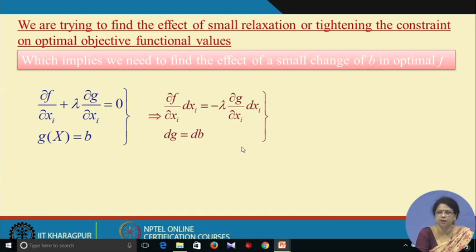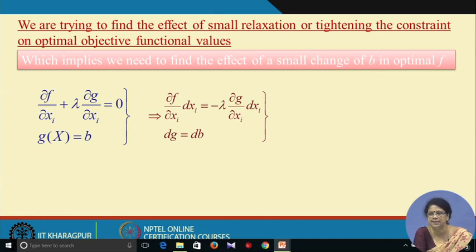You may ask me that b is a constant, why are we differentiating? g is a function of several variables, so we can differentiate, f we can do, but why are we considering b? Because the significance of the Lagrange multiplier is there when we consider the sensitivity of the nonlinear programming problem.